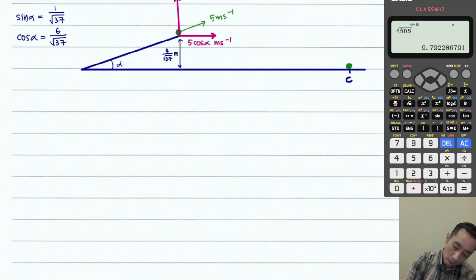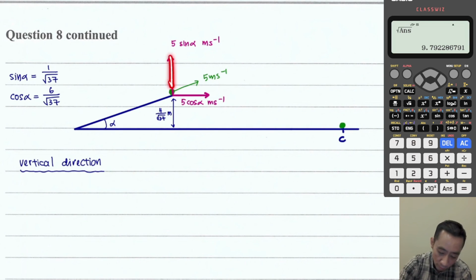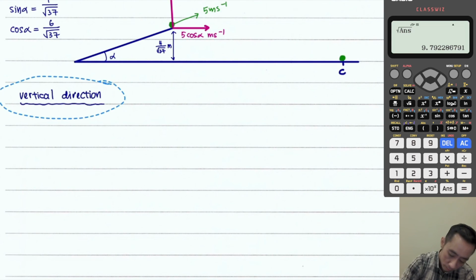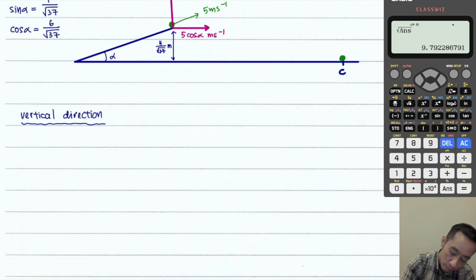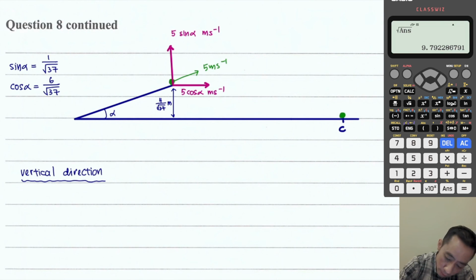Alright, so now, how are we going to solve a projectile motion problem? If I look at the vertical direction, this one will be the initial velocity, and then we have gravity g, which is the acceleration. So which formula should I use? I will use the formula s is equal to ut plus 1 over 2 at squared.